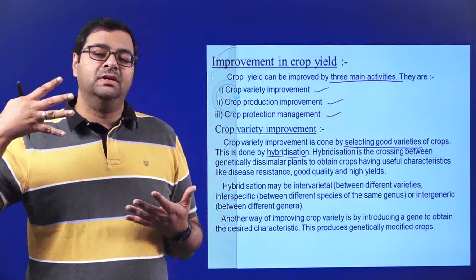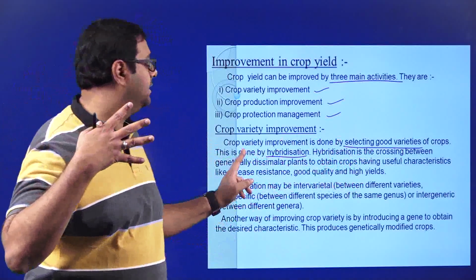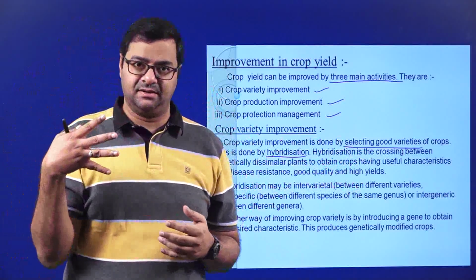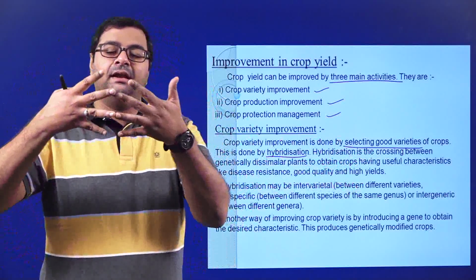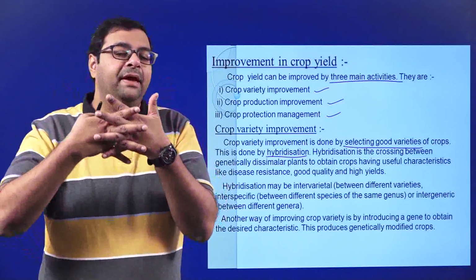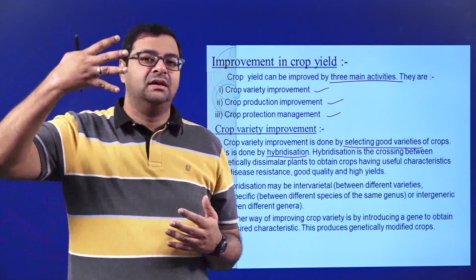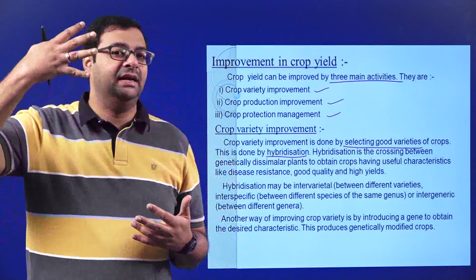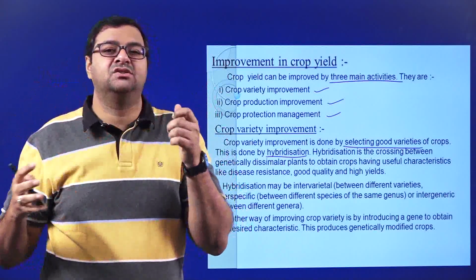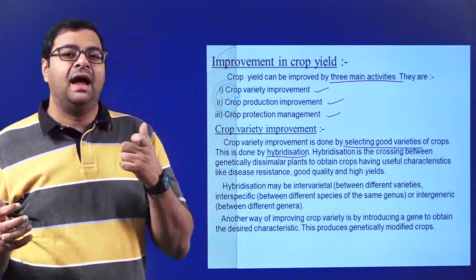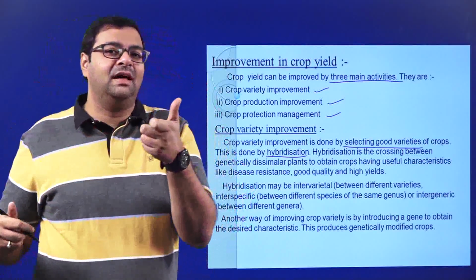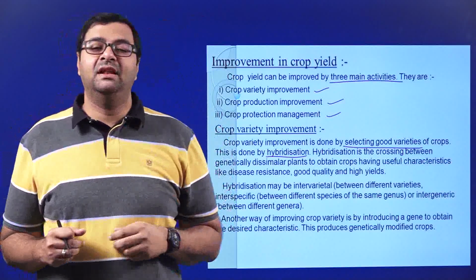So what he can do is select a plant which is disease resistant and cross it with this one. When he crosses it, he makes sure that the high yielding variety is intact, but there is an improvement in the disease resistance of the plant. With this combination, the yield of the crop will increase.